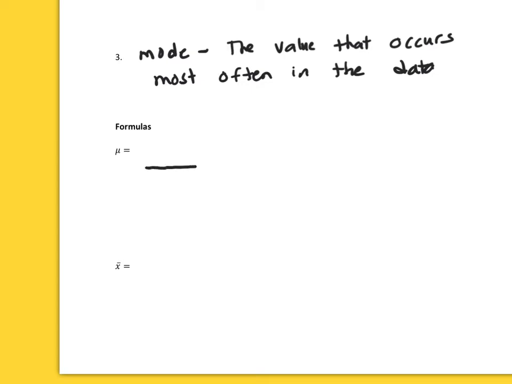Well, you sum up the values. So let's sum those up. Going from i equals 1 to however many values I have in my population, which is capital N, x sub i. Here the subscript i stands for where the data value is in the list.